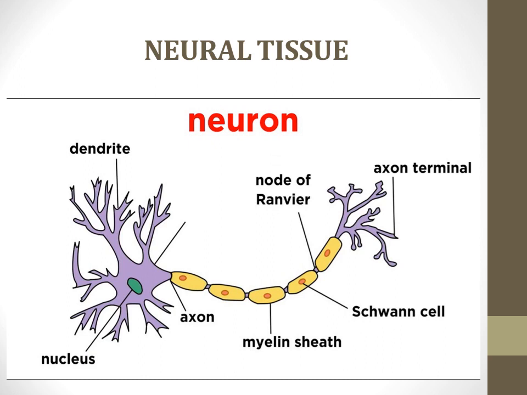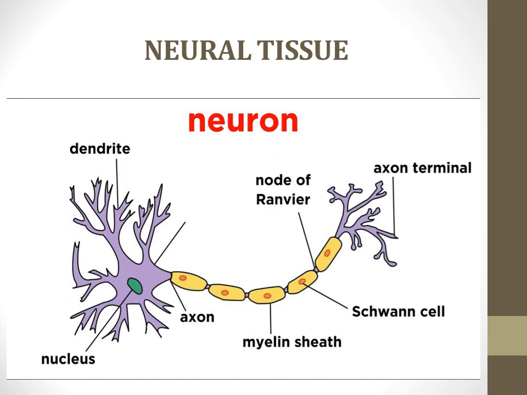So the neuron consists of the axon, then the myelin sheath, then the dendrites, right? The nucleus is surrounded by the dendrites. Then it forms an unbranched structure, the axon. The axon is covered with a myelin sheath, the yellow colored part. Then the terminal end region is the axon terminals.